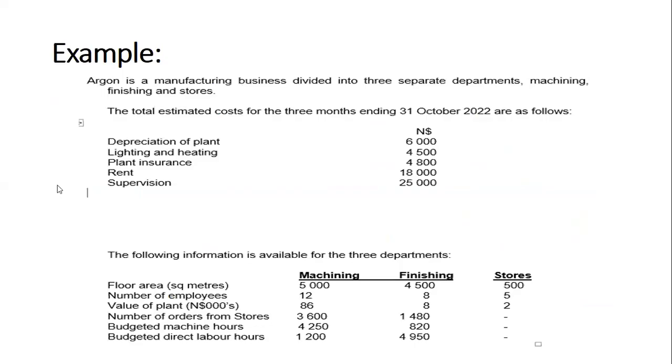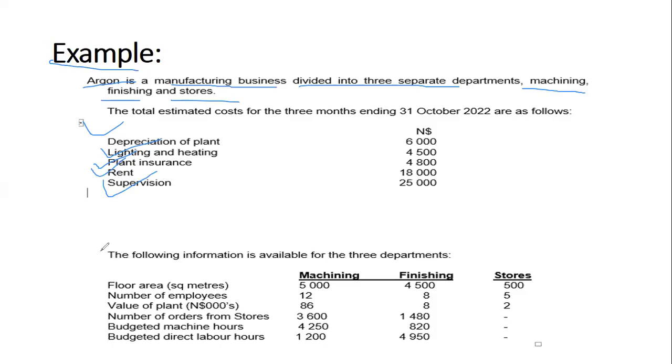Now we're given a good example here. We're told that Argon is a manufacturing business divided into 3 separate departments: machining, finishing, and stores. We are given depreciation, lighting, plant insurance, rent, supervision.